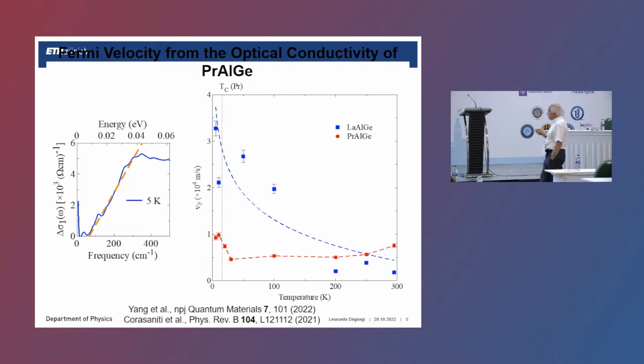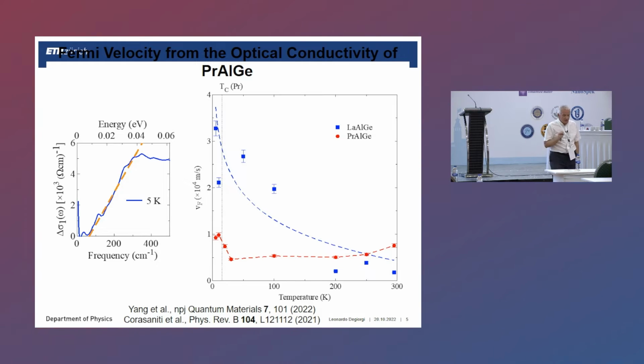And in fact, this renormalization of the Fermi velocity between these two compounds goes hand in hand with the very equivalent renormalization of the kinetic energy, which is directly related to the Drude weight, namely the spectral weight encountering the effective metallic contribution of the optical spectra, and which implies also a very important enhancement of the effective mass of the itinerant charge carriers in the praseodymium compound with respect to the lanthanum one.